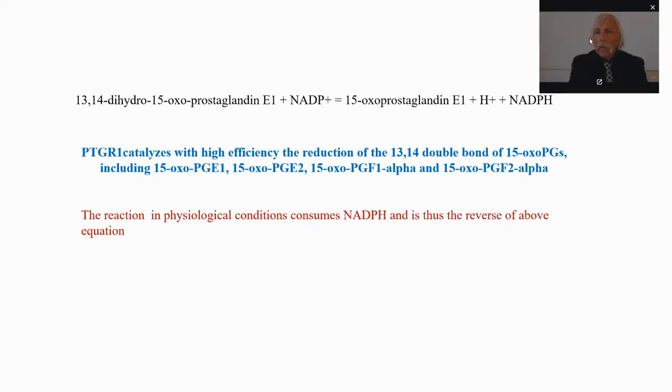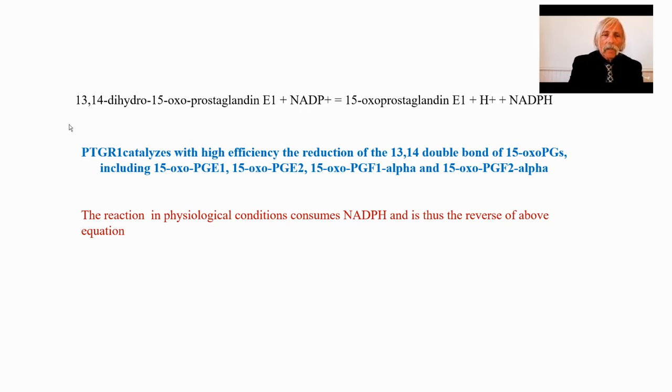Now, first of all, because this is biochemistry, we have to tell you what the enzyme does. That's what I'm doing here. Take 13,14-dihydro-15-oxoprostaglandin E1 and NADP, the oxidized form of nicotinamide adenine dinucleotide phosphate, to generate 15-oxoprostaglandin E1 plus a proton plus reduced NADPH.